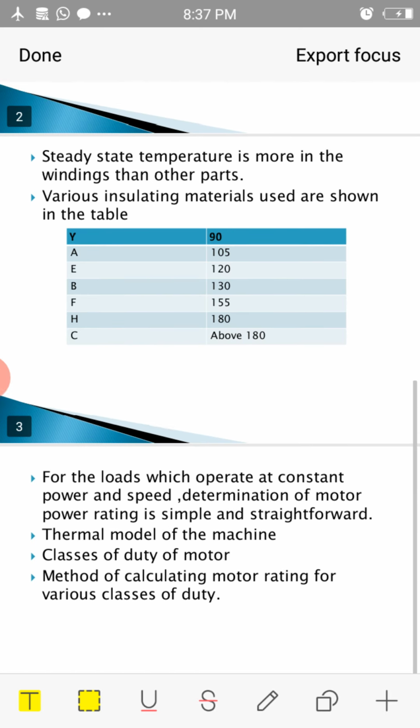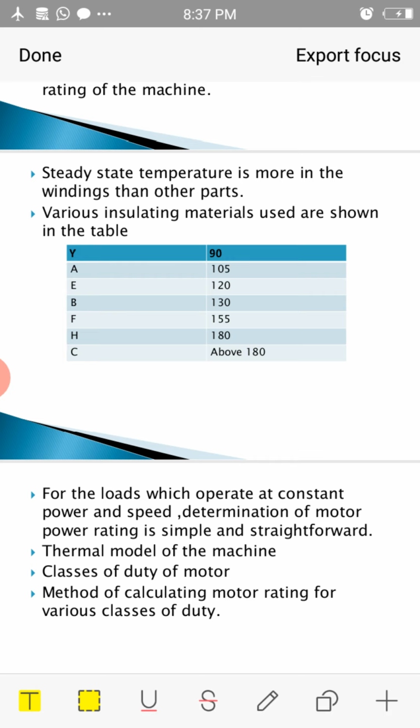Steady state temperature is more in the windings than in other parts. If the motor is operating, the various parts of the motor are going to have different temperatures; all the parts will not have the same temperature.